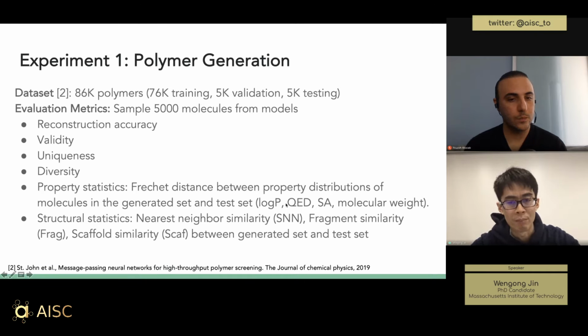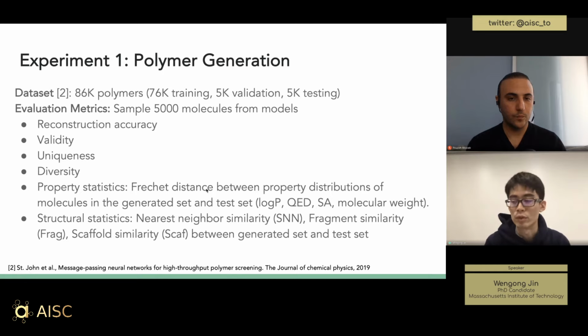In particular, we compute the logP, QED, synthetic accessibility, and the molecular weight of the generated set and test set. We also wanted to measure whether on the structural level, the generated molecules are similar to the molecules in the test set. Here we can measure the nearest neighbor similarity, the fragment similarity, and the scaffold similarity between the generated set and test set. More details are mentioned in the paper.